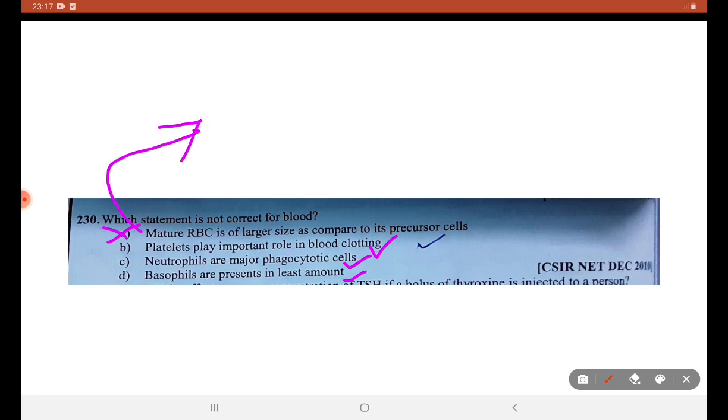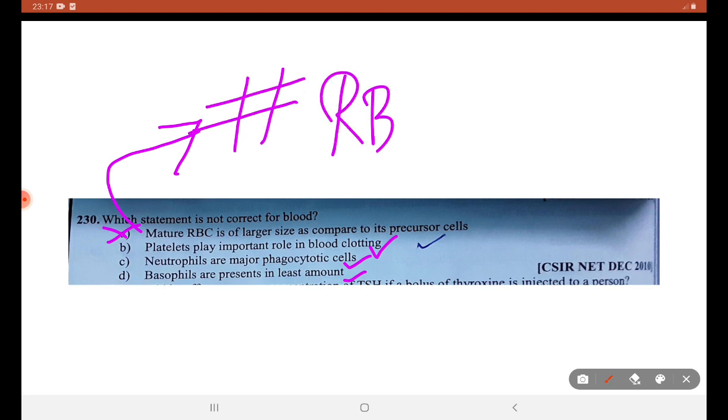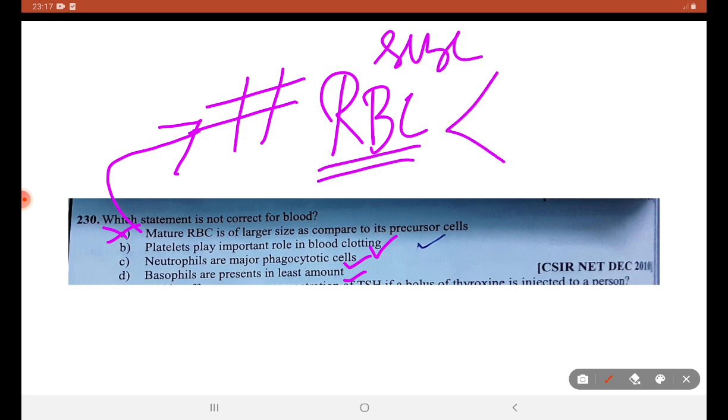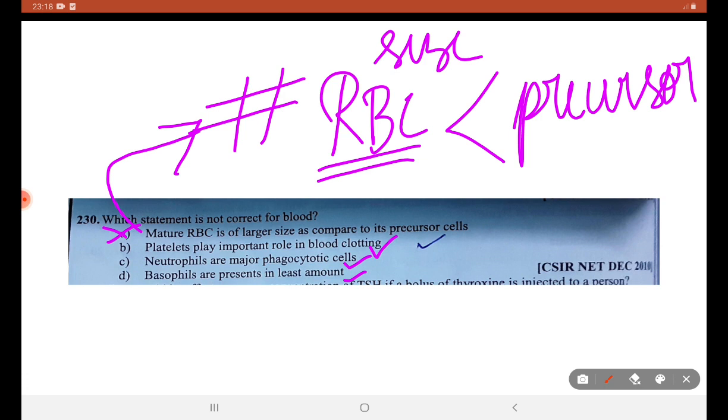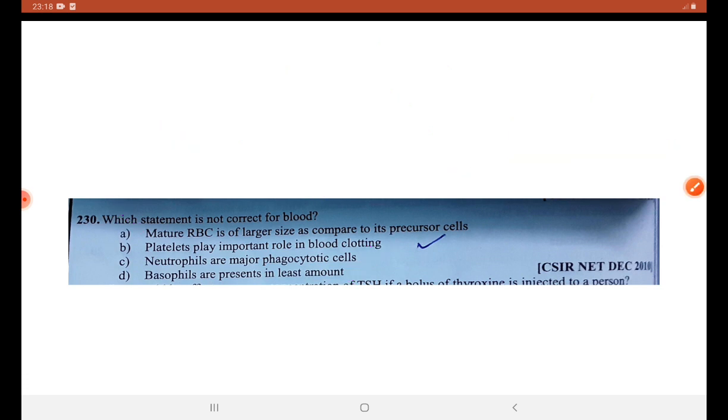This is incorrect. This is new learning. Mature RBC size is a little less when compared to precursor. Okay, chal.